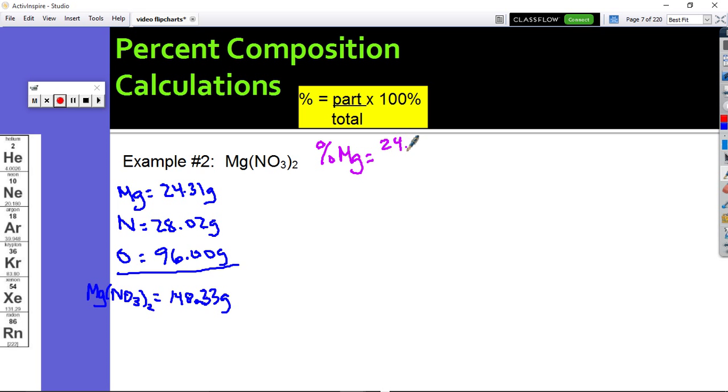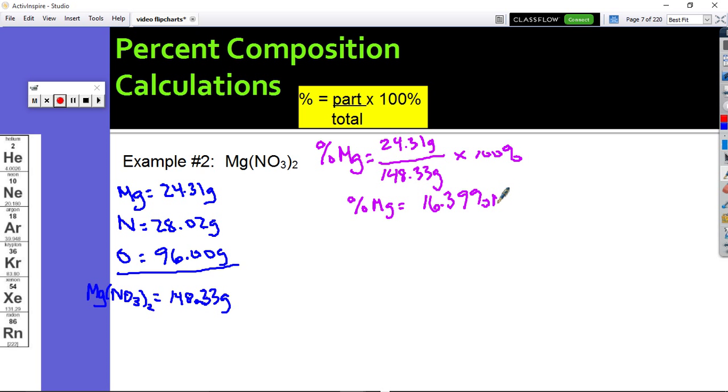Divided by the total, which is 148.33. Then times by 100. So in the calculator, 24.31 divided by 148.33, get that answer, times by 100. And our percentage is going to be 16.39% magnesium.